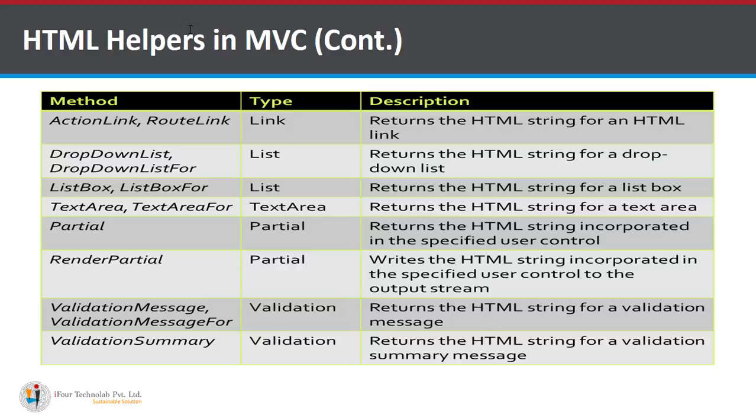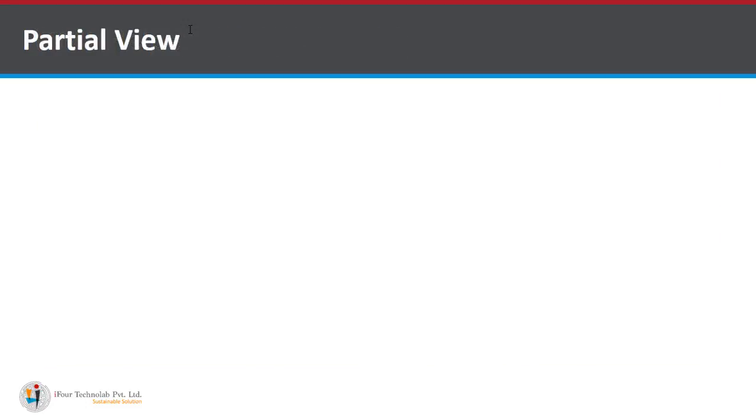Partial returns the HTML string incorporated in the specified user control. RenderPartial writes the HTML string incorporated in the specified user control to the output stream. ValidationMessage and ValidationMessageFor return the HTML string for a validation message. ValidationSummary returns the HTML string for a validation summary message.